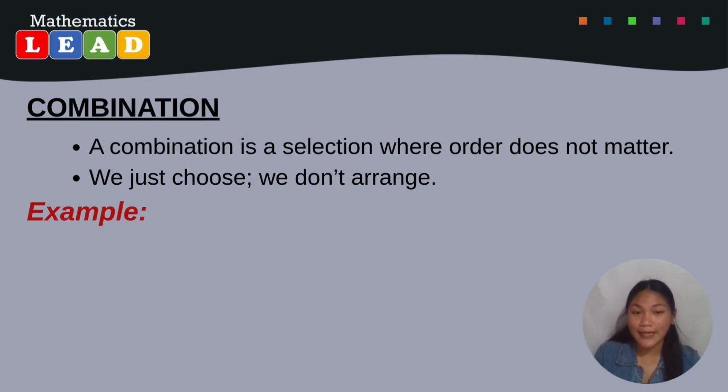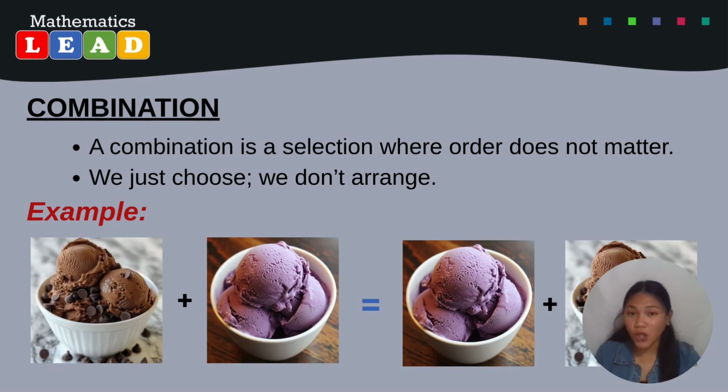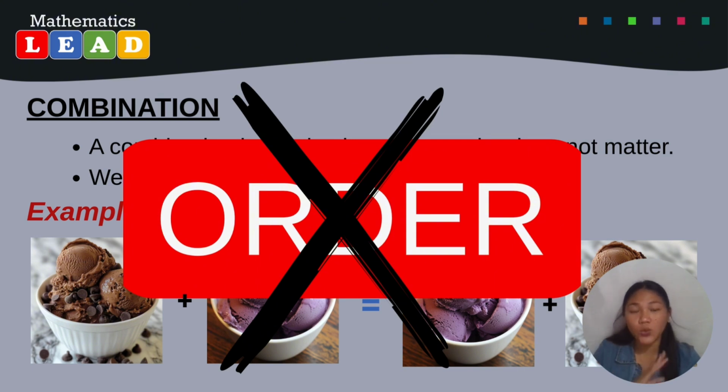Imagine you want to make a sundae with 2 flavors out of the 4 flavors we have, which are chocolate, ube, matcha, and strawberry. If you choose chocolate and ube, it doesn't matter if you choose chocolate and ube or ube and chocolate. It is still the same sundae, isn't it? And that's the main idea behind combinations, where we only care about what is included and not the order.